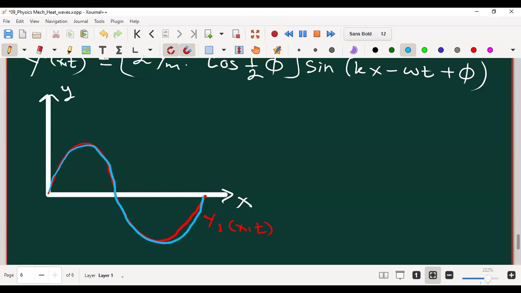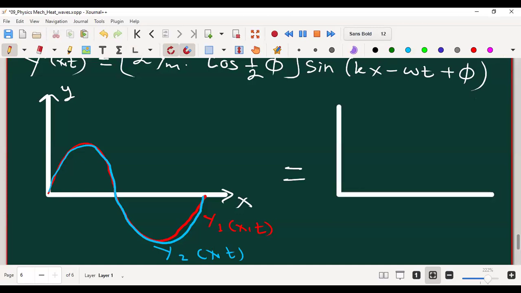So I have y2, x point t. It means that it is equal to the superposition, or the add, of wave 1 and wave 2. So this one becomes like this.